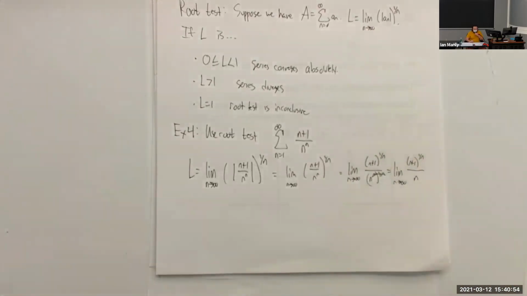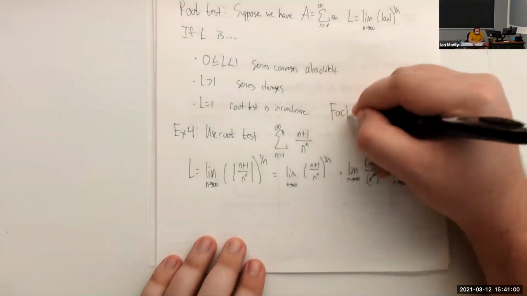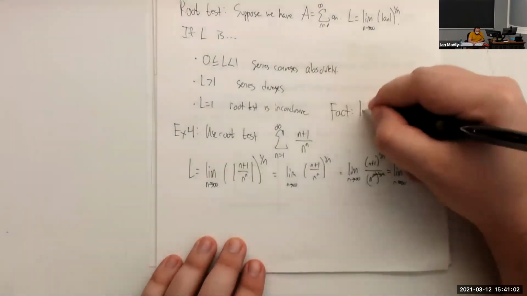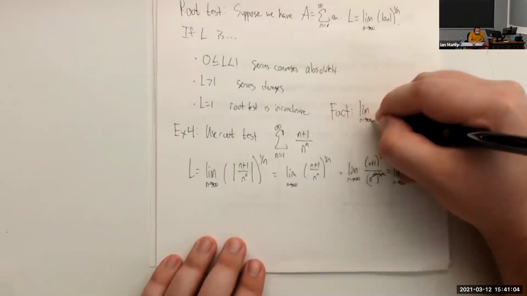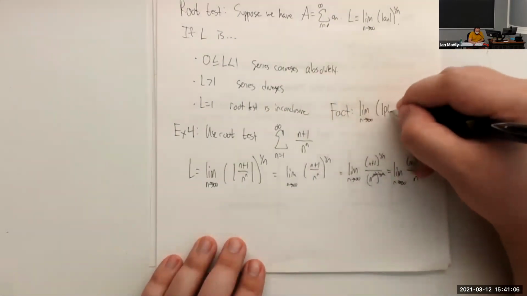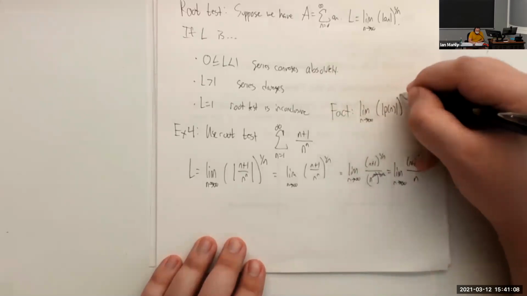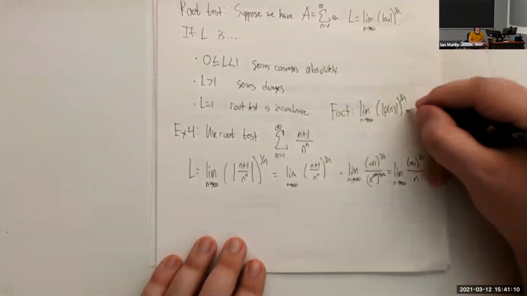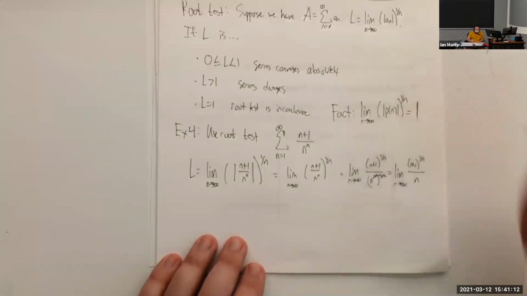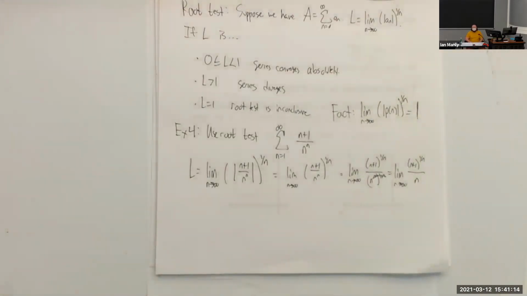Now let's see here. Here's a fact. I don't know if I mentioned this in class or not. I may have skipped this one over by mistake. But here's a fact that will be helpful with the root test. If you have the limit as n goes to infinity of any polynomial to the 1 over n, that's going to equal 1, no matter what polynomial it is.